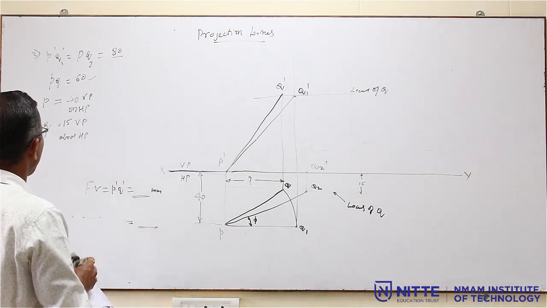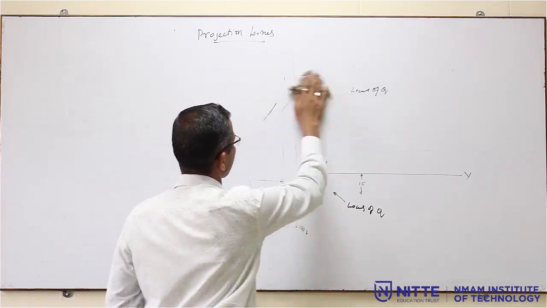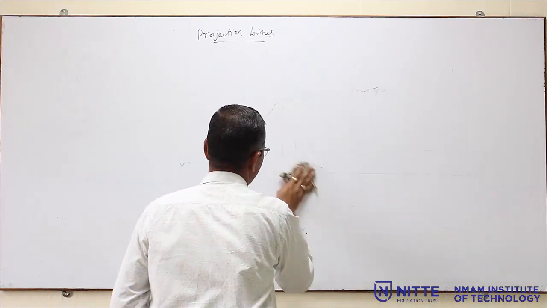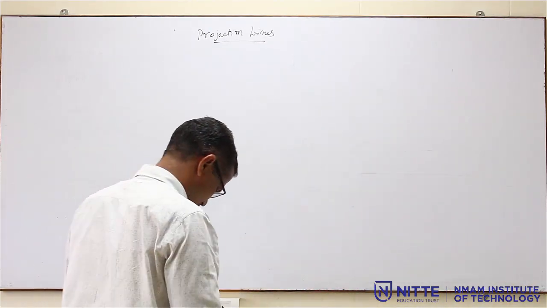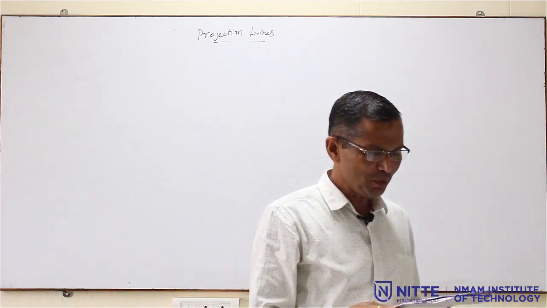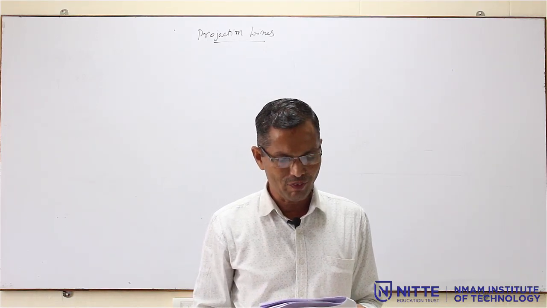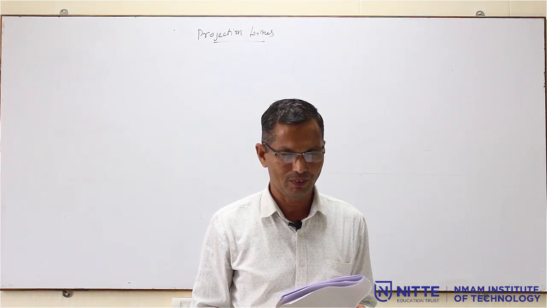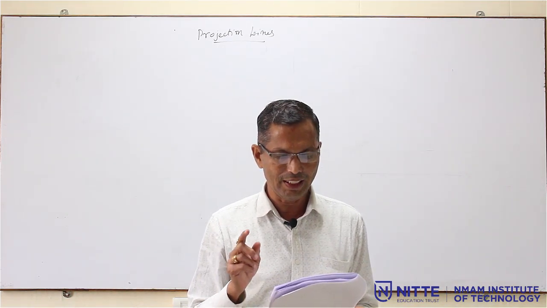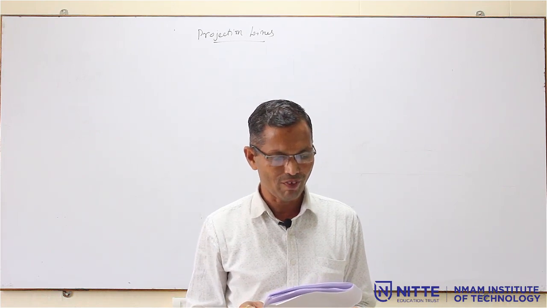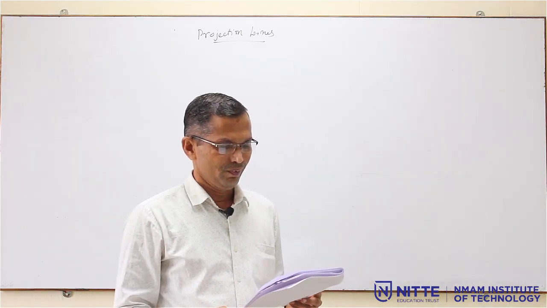Now, we will go for the next problem, the fourth problem. The distance between the end projectors of a straight line CD is 0, with its top view and front view measuring 40 mm and 60 mm respectively. Listen properly.